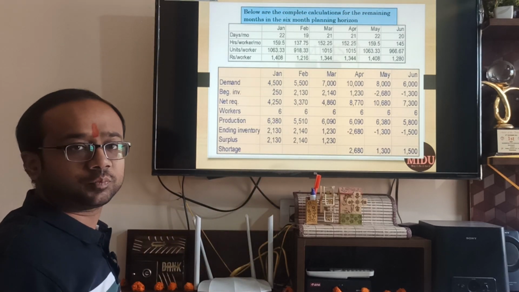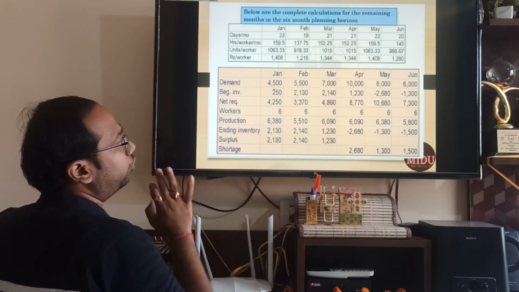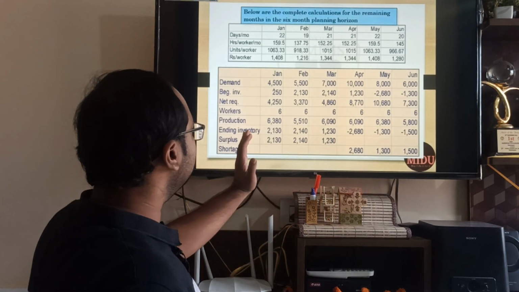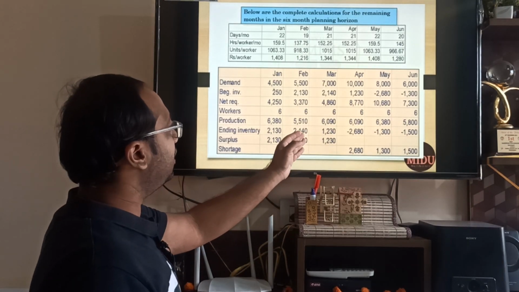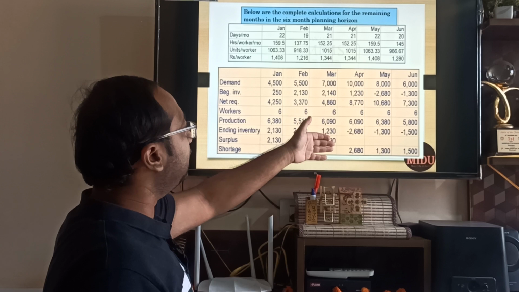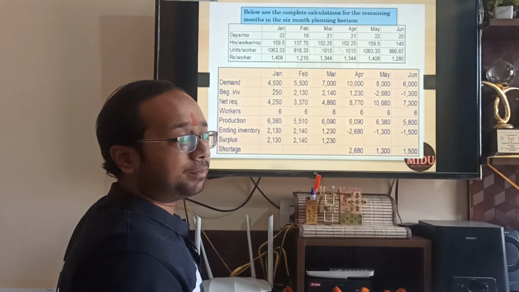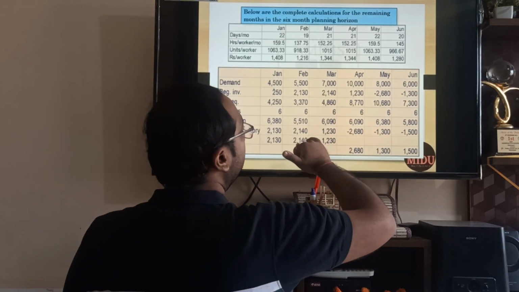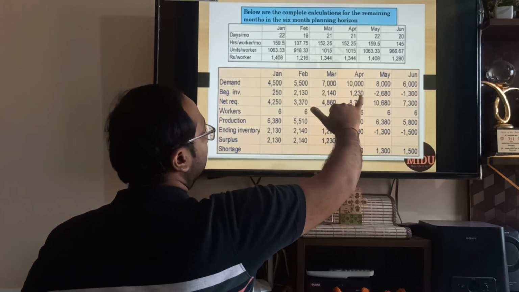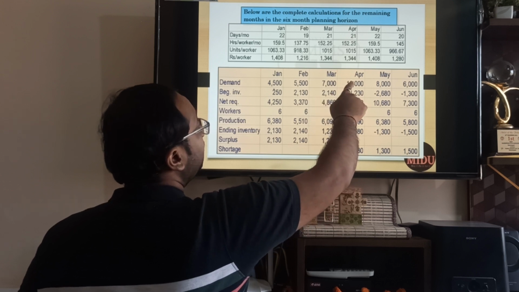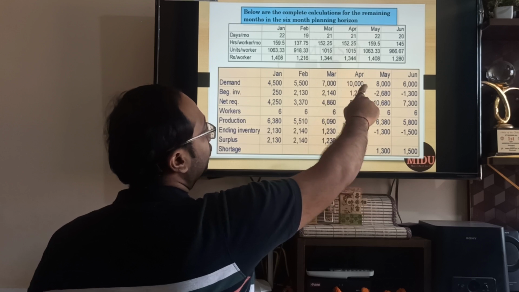If the ending inventory is positive, it is called surplus. If it is negative, it is called shortage. For the first 3 months you can see there is surplus, because you are making some units extra, and those units remain even after meeting the demand. Now come to the April scenario. 1230 surplus units were there, which came as the opening inventory. Demand is very high: from 7000, 5500, 4500 it has gone to 10,000.